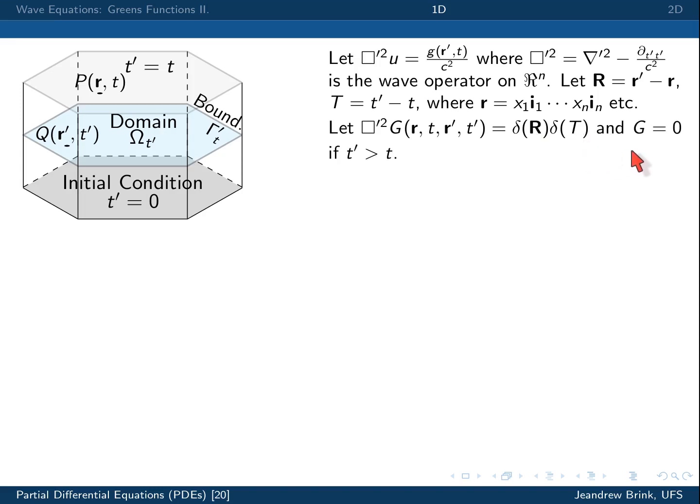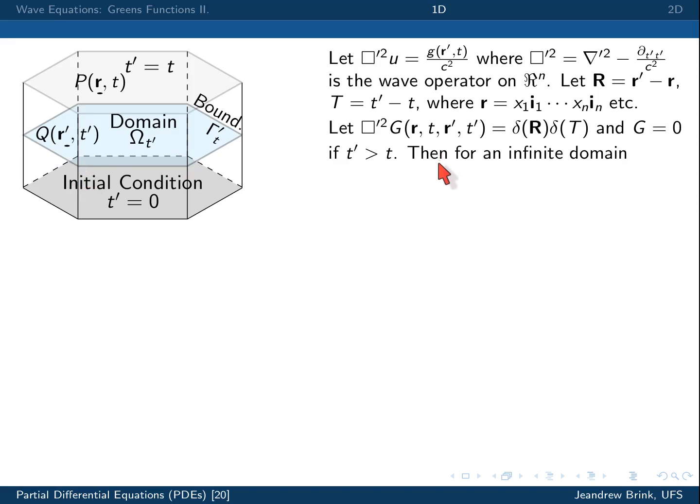And we have the additional condition that the solution is causal. In other words, the Green's function for the source point, if the source point's time is greater than the field point's time, must be 0. In other words, the Green's function is only non-zero in the region over here.